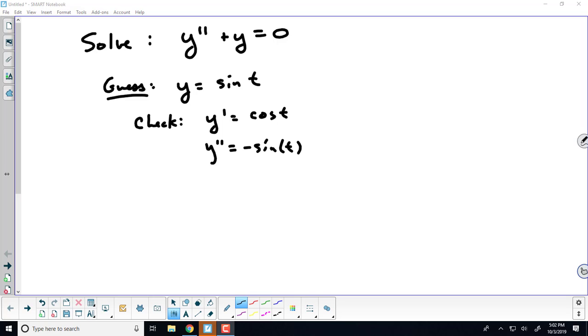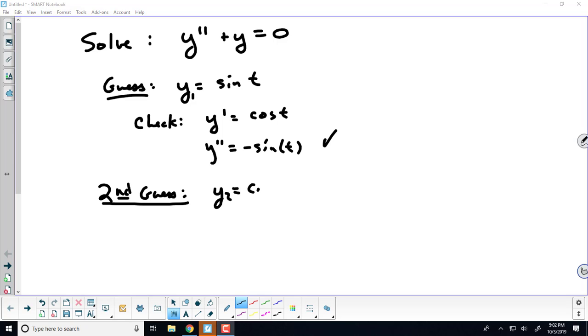So I'm not going to write it out. Can you confirm visually that this checks? You guys feel good with that? So check. Okay, that's one solution. Okay, let's take a second guess here. Everything worked just fine for sine, and I heard somebody say cosine might work as well. Let's just check that. Let's number that y1 and let's call this one y2.